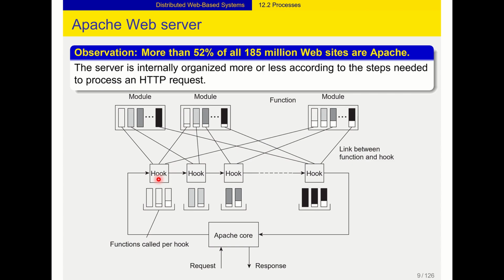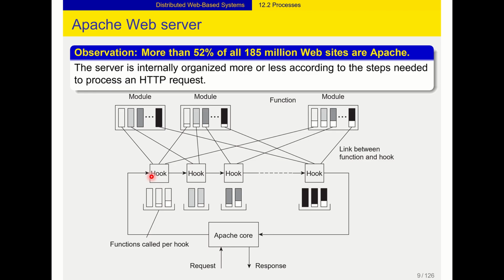So this creates a flexible pipeline, where modules contribute small pieces of logic and Apache assembles them into a complete request handling flow. Multiple modules can attach functions to the same hook, because as I explained earlier, a hook is a placeholder for request processing and may contain several functions which reside in the modules.